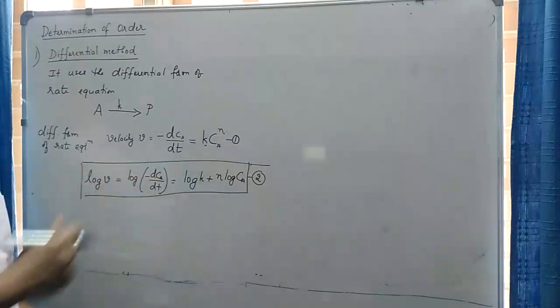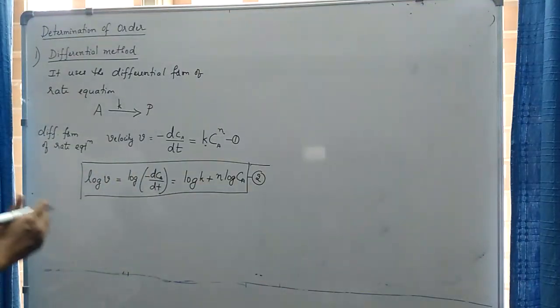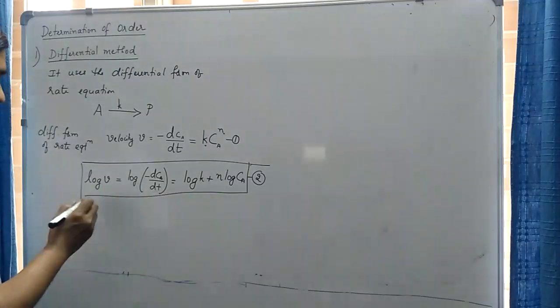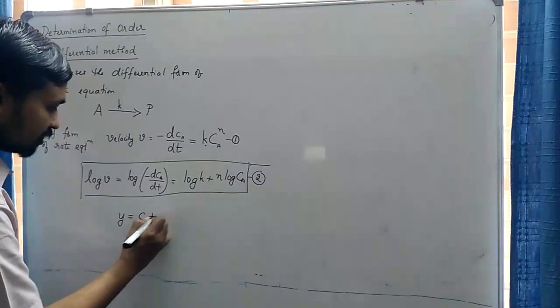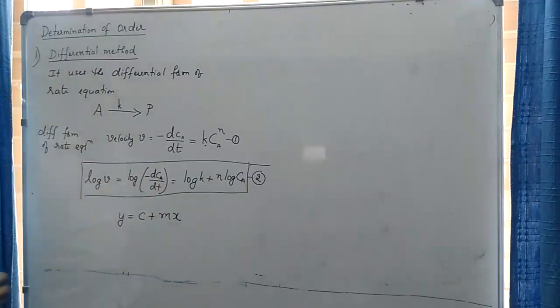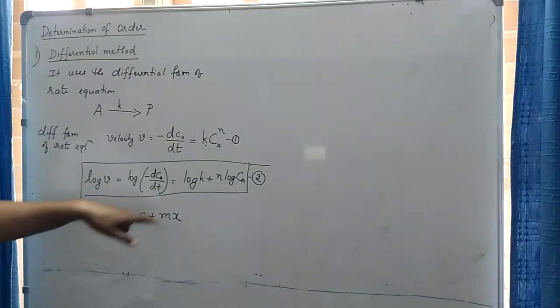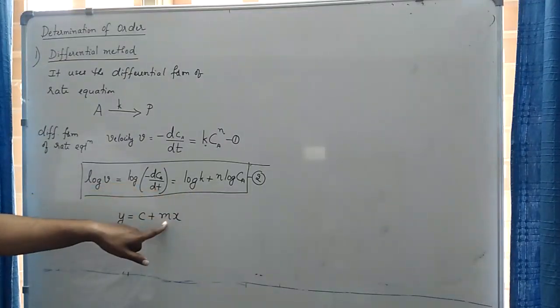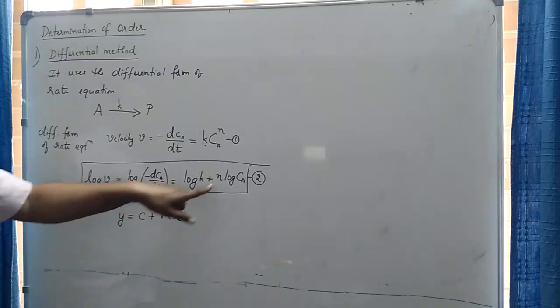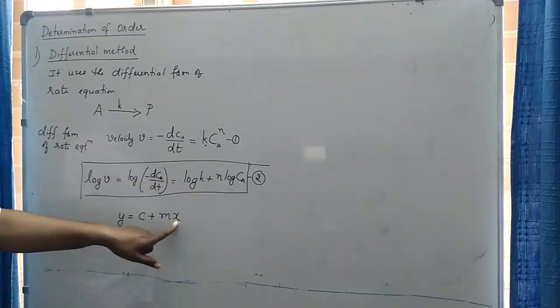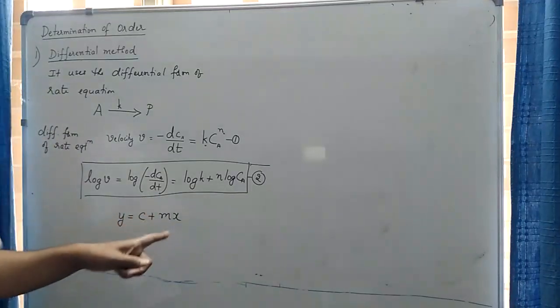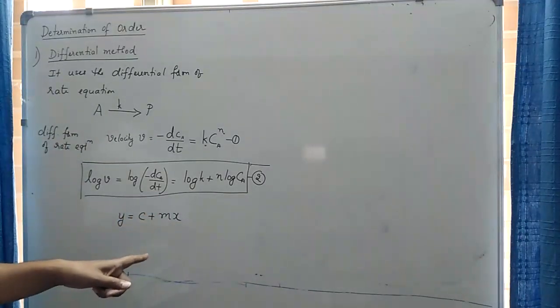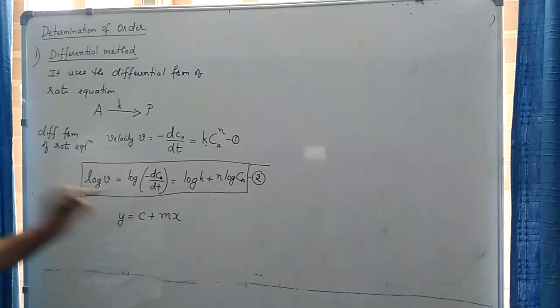And how this equation is useful is, if you carefully look at it, it is of the form y is equal to c plus m into x, where y is log rate, c, the intercept, is log K, m, the slope, is n, the order, and x is log Ca. And y equals c plus mx represents a straight line with slope m and intercept c.